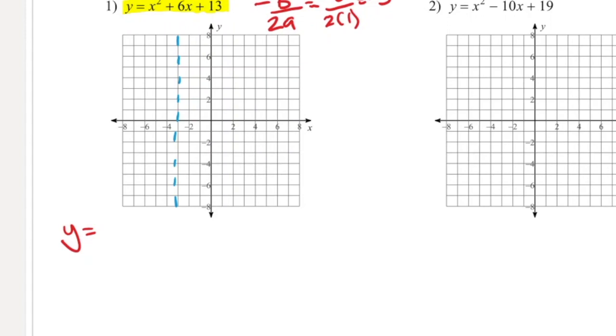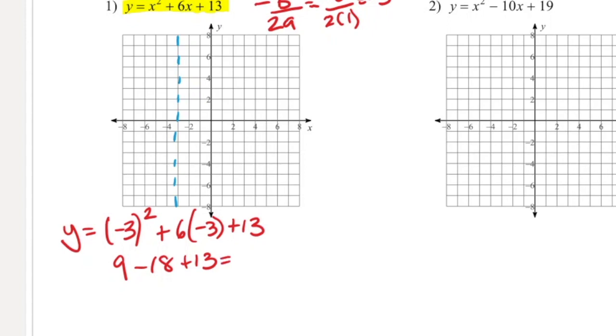To do that, I'm going to take negative 3 and substitute it into the equation wherever there was an x. Negative 3 squared is 9. 6 times negative 3 is negative 18, plus 13. 9 minus 18 is negative 9, plus 13, or 4.